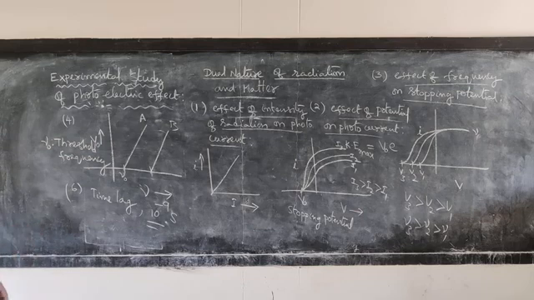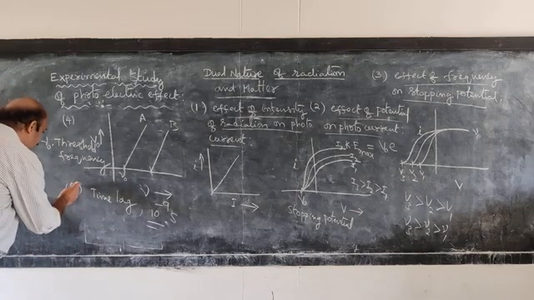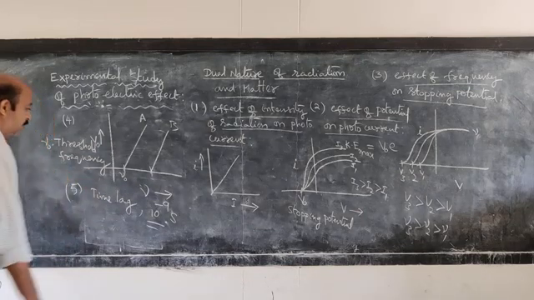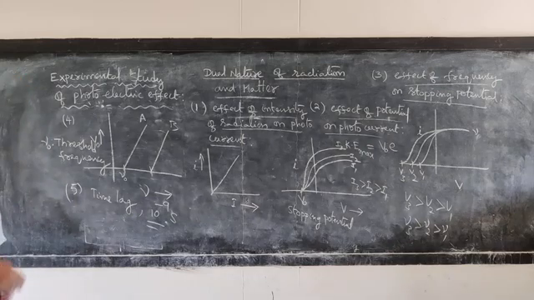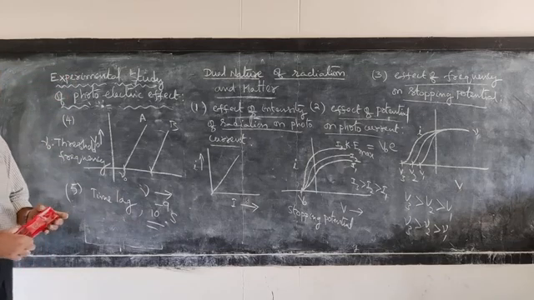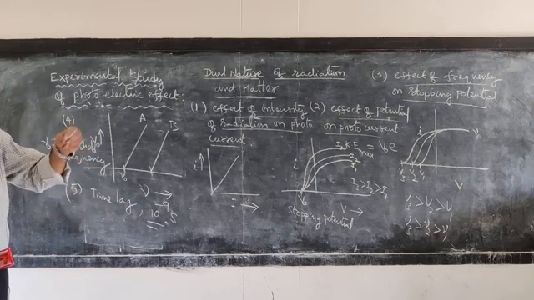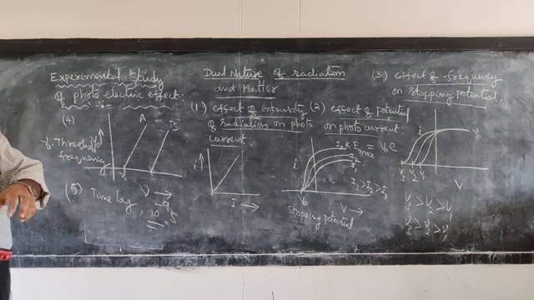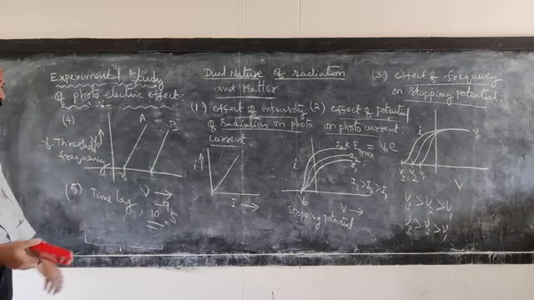And this is the fifth point: there is no time lag between the incidence of the radiation and the emission of photoelectrons. Immediately when the radiation falls on the metal surface, electrons are ejected.